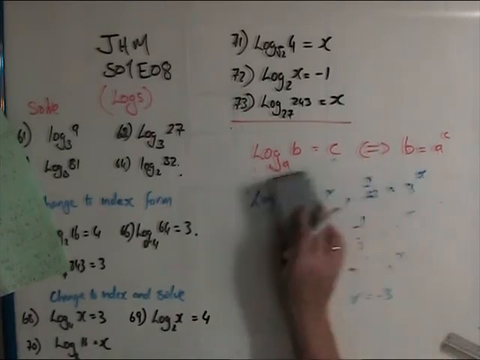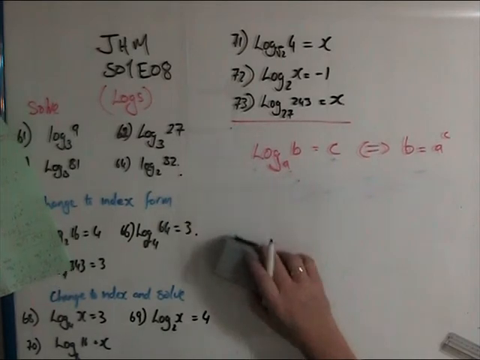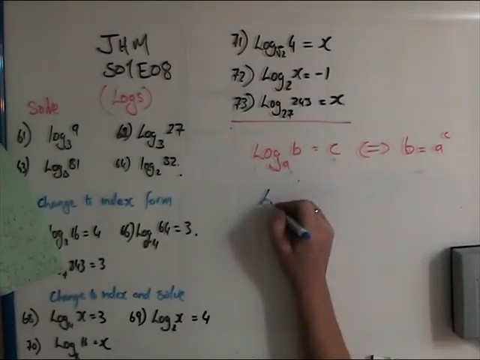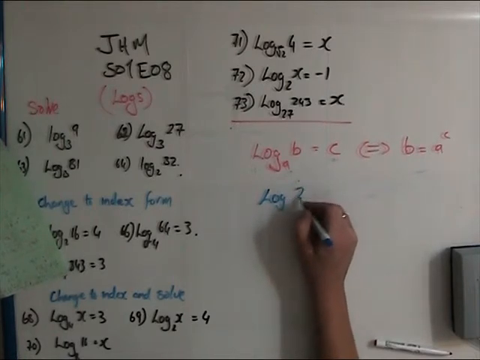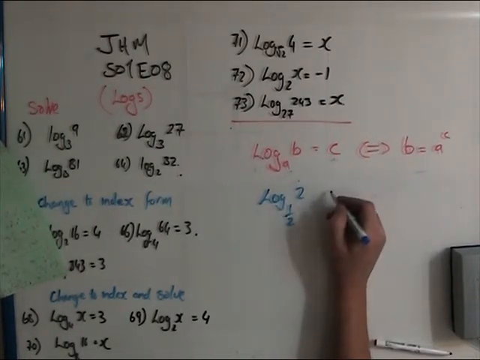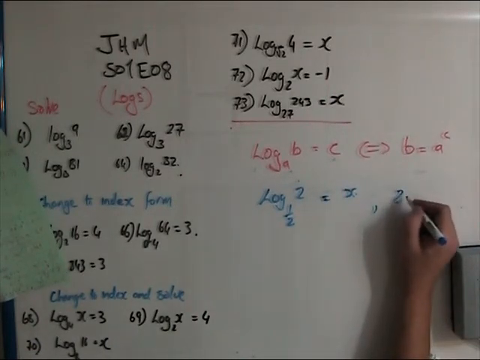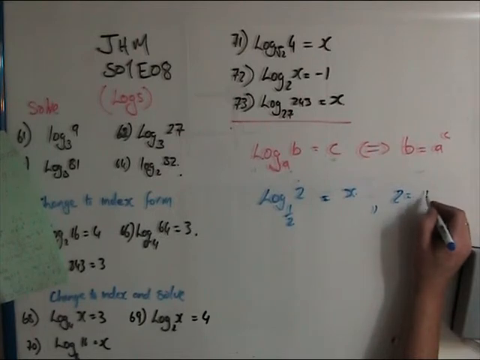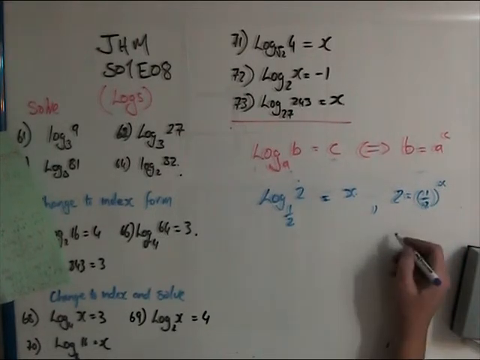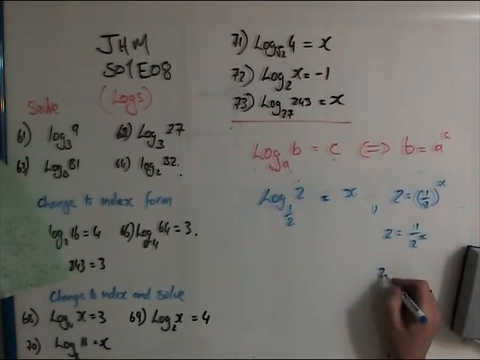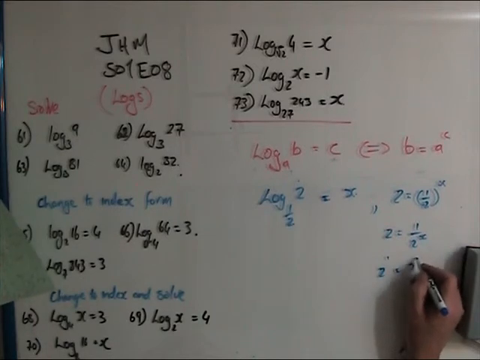Same principles. Let's do another one. Log of 2 to the base of a half is equal to x. It's the same thing again. 2 is equal to a half to the power of x. Now remember this: 2 is equal to 1 over 2 to the power of x, so 2 to the power of 1 is equal to 2 to the power of minus x.